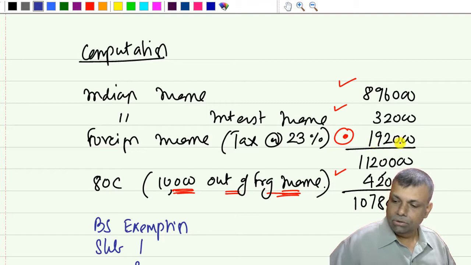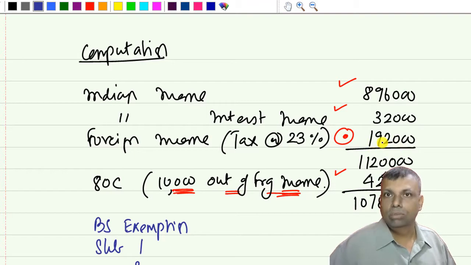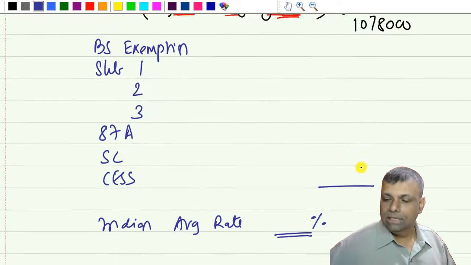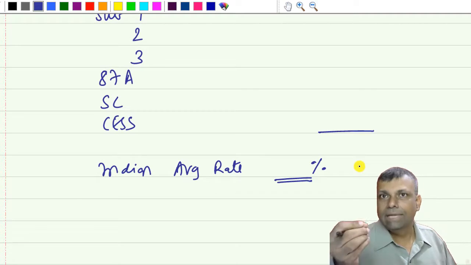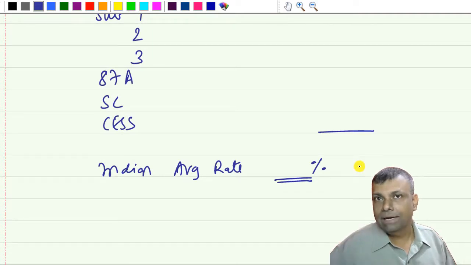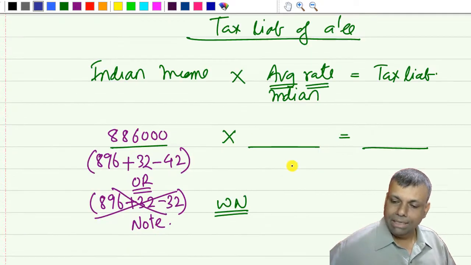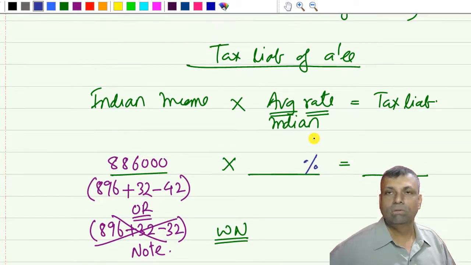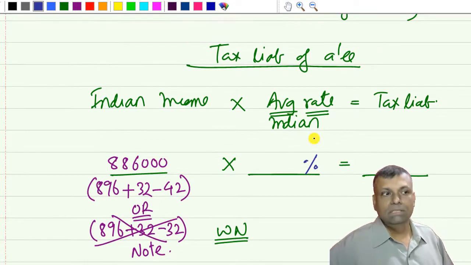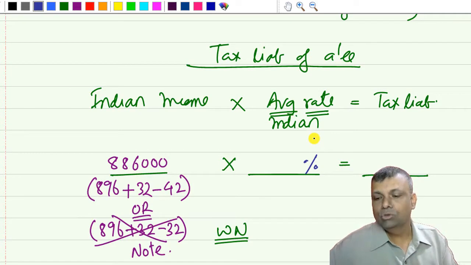Because 1,92,000 rupees is already included in this computation, this Indian rate will be a little bit higher, and it will be multiplied with the Indian income to get the amount of the tax liability. This is how the computation is to be carried out in the given question.